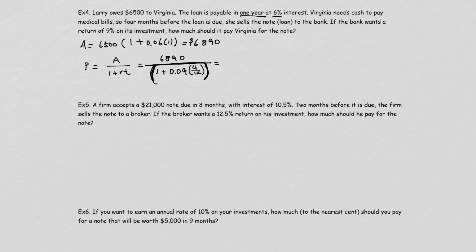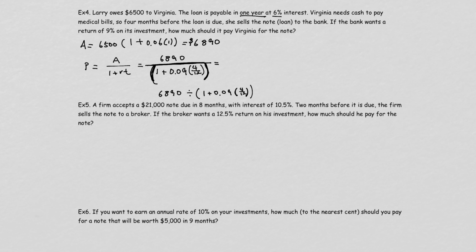So you will do 6,890, push the division, and then parenthesis 1 plus 0.09 times 4 over 12. I mean, you need to use the parenthesis on this one also, and then close the parentheses. So you have 2 parentheses closed at the end.